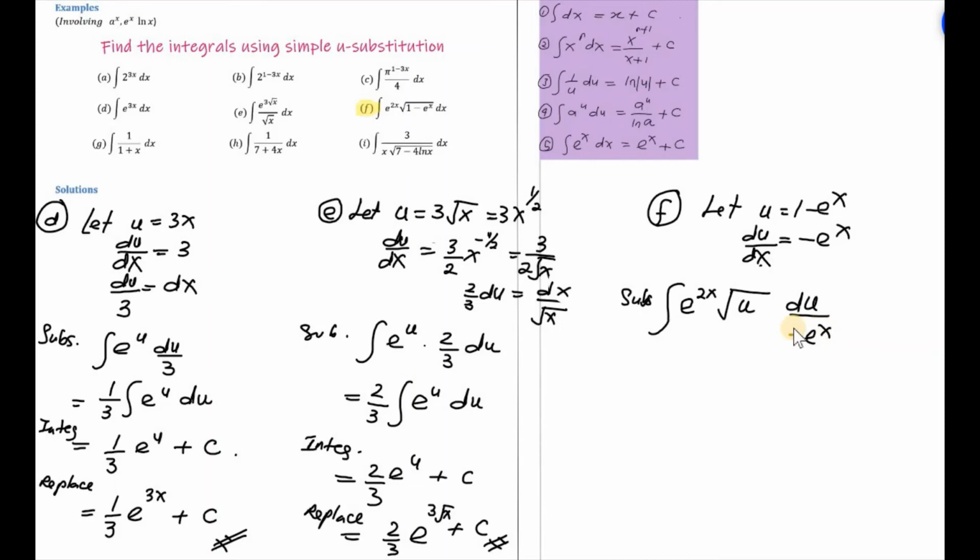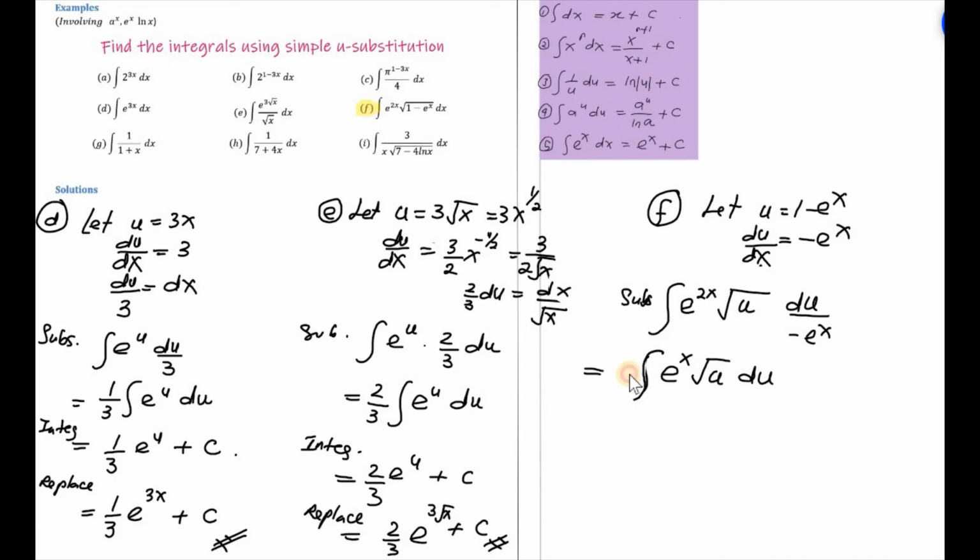Okay, so far so good. And here we have e power x, here we have e power 2x. We can simplify, so we are left with e power x square root u and du, and we do have that negative there. Okay, we need to have that negative.